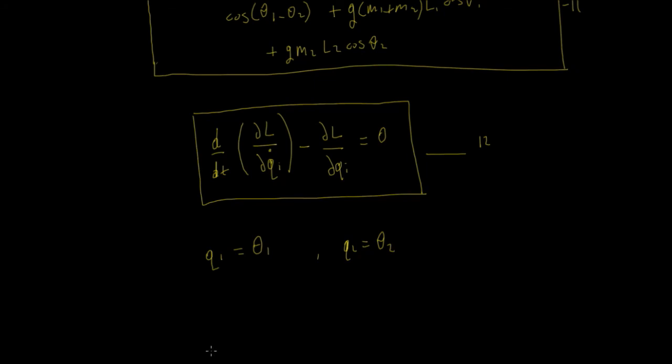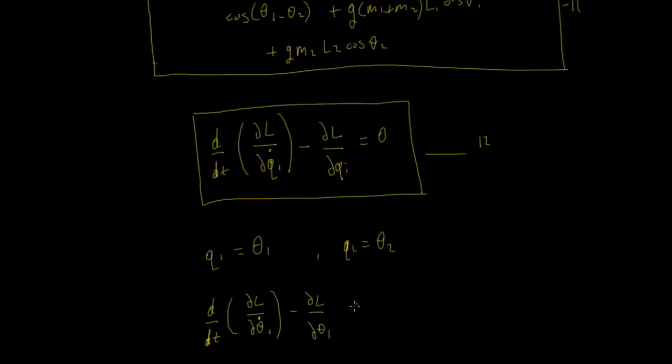Okay, so we're going to end up with two equations, so I'll just get this in here before we go on to the next page. We're going to have the Euler-Lagrange in 2 dimensions: d by dt of partial L by partial q1 dot, minus partial L by partial q1.